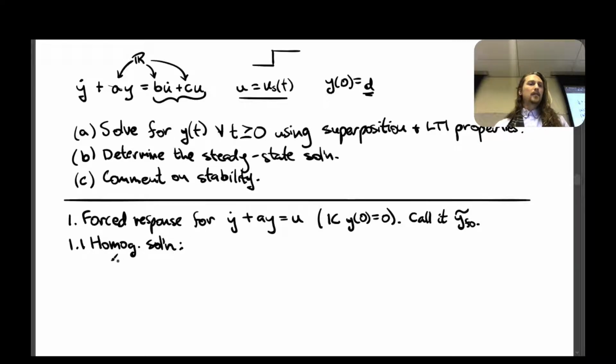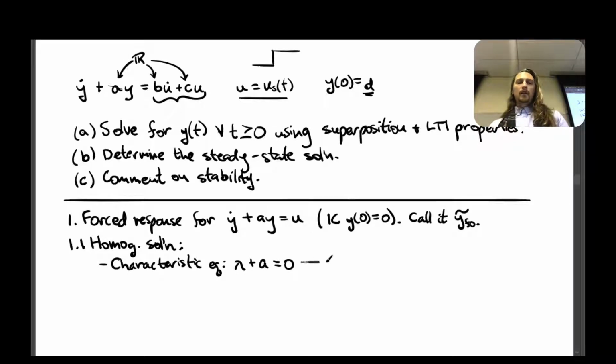The first step of that is to find the characteristic equation, which is lambda, corresponding to the time derivative, plus a times 1. Okay, just lambda plus a equals 0. What is the solution for lambda then?